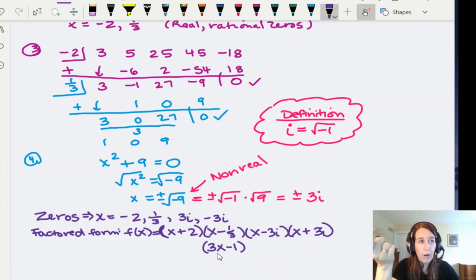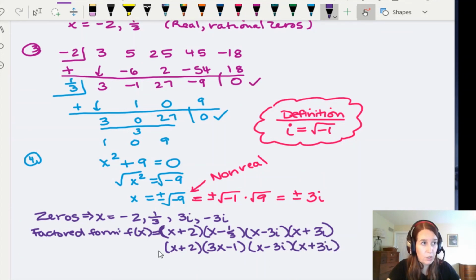So you really want to write that one as 3x minus 1 when you are writing your final answer. So this is f of x factored over the complex numbers. If you were factoring over the real numbers, you would stop right there at x squared plus 9, which is what we did in the last section, right? All right.